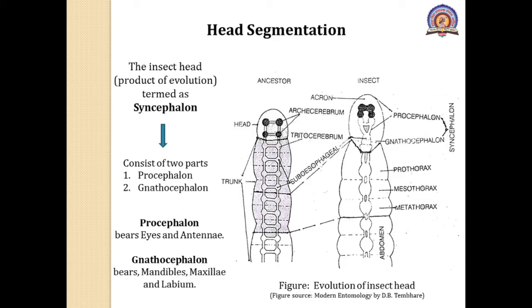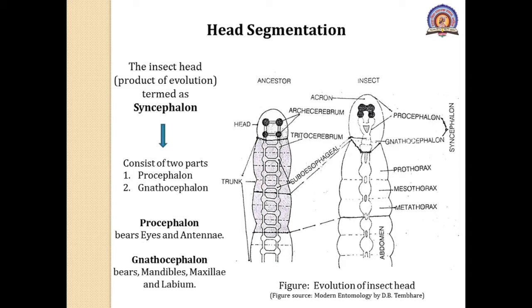Obviously it is all accepted. This gnathocephalon consists of three segments called the mandibular segment, maxillary segment and labial segment. Only the segmentation of the procephalon is all the while the subject of dispute among the entomologists.